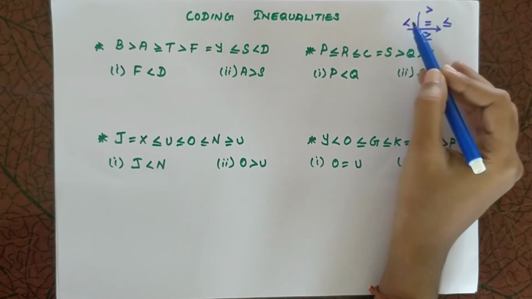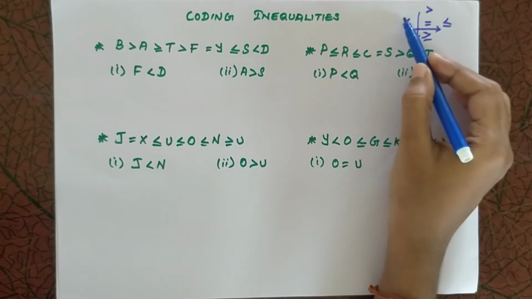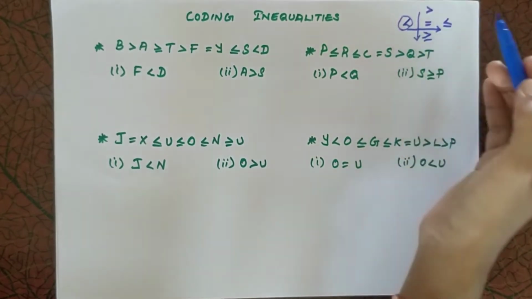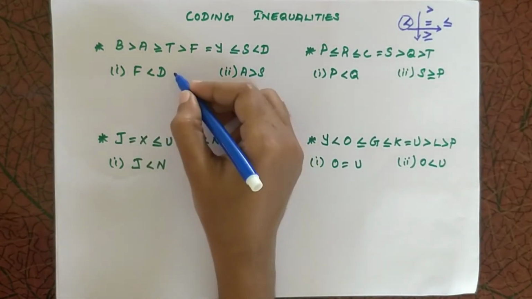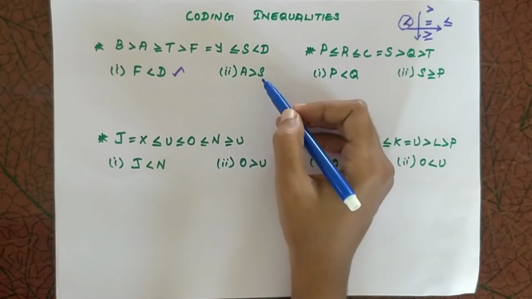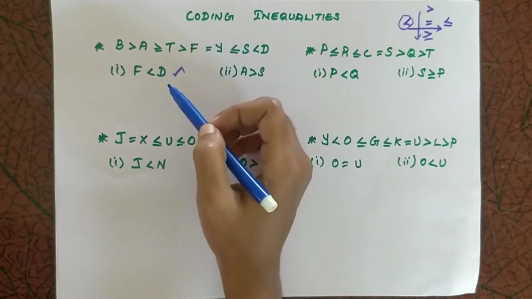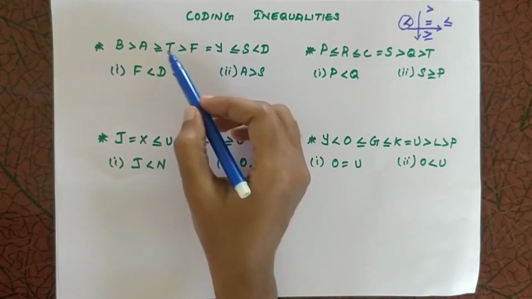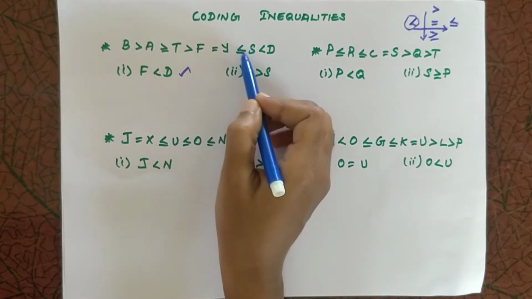The next step is, if all these three symbols are present, then we have to consider the first symbol, that is less than, in the conclusion. Here in the conclusion we have the less than symbol. So conclusion 1 follows. Now we have to check conclusion 2. Here A is greater than S. So we have to compare the symbols present in between A and S. Here we have greater than or equal to, greater than and equal to, but here we have less than or equal to.